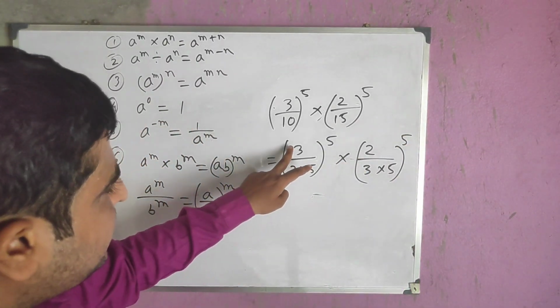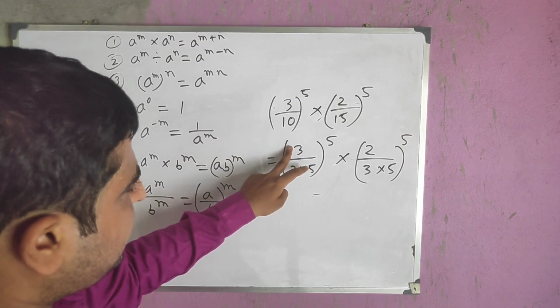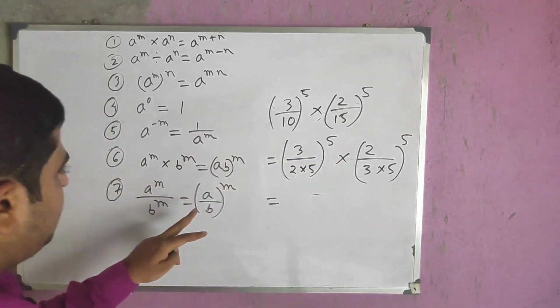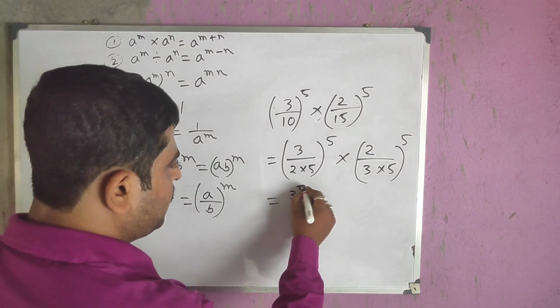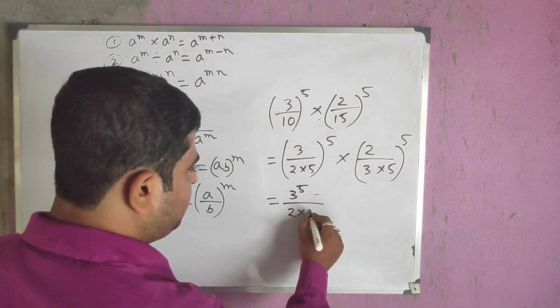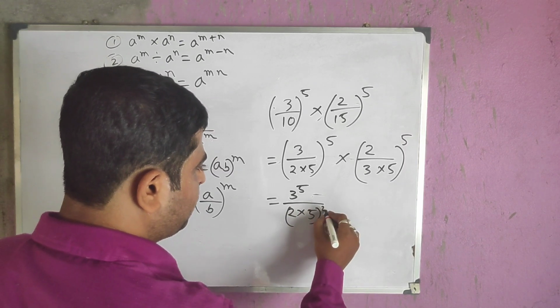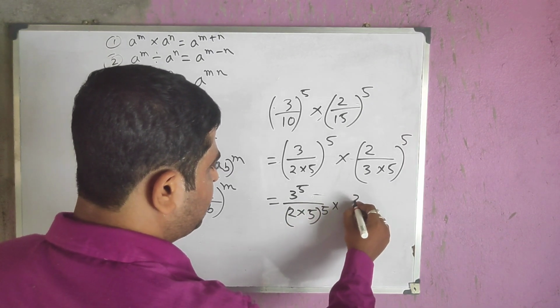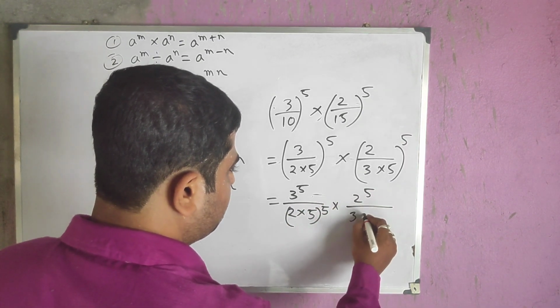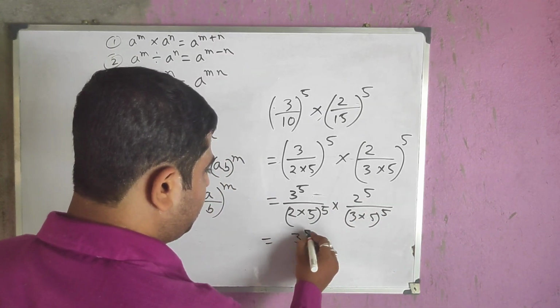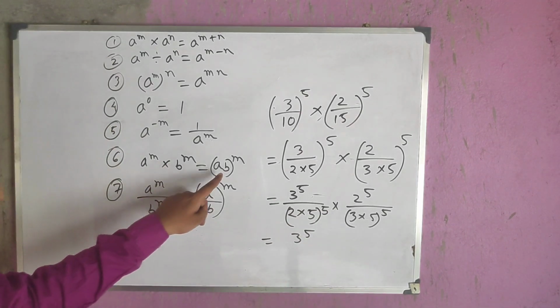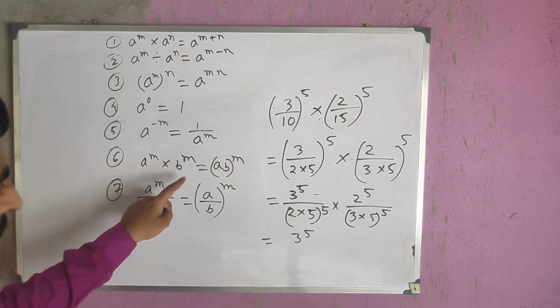We can use the formula (a/b) whole to the power m, which means a to the power m by b to the power m. Same here. Then in the denominator again, it is (a into b) whole to the power m, which means a to the power m into b to the power m.